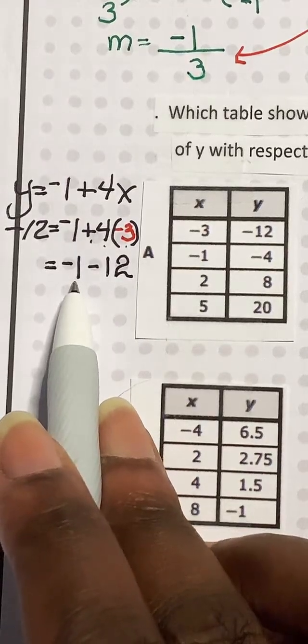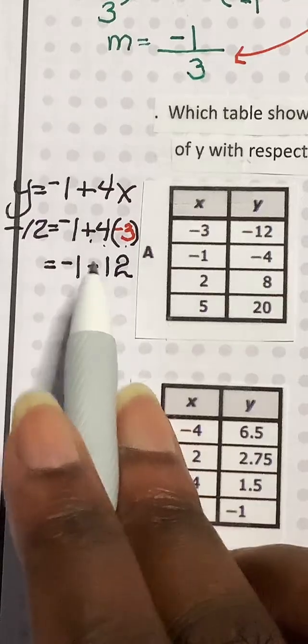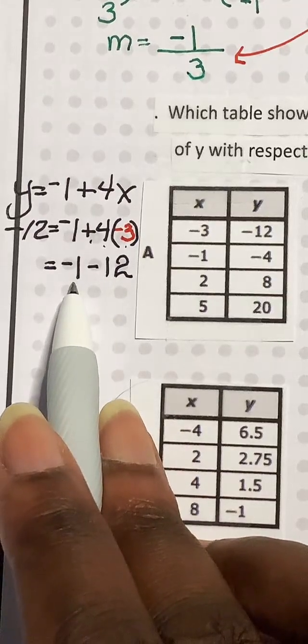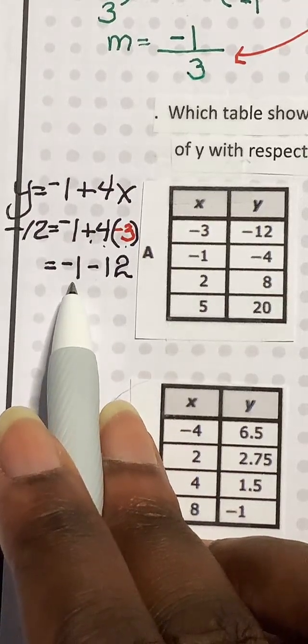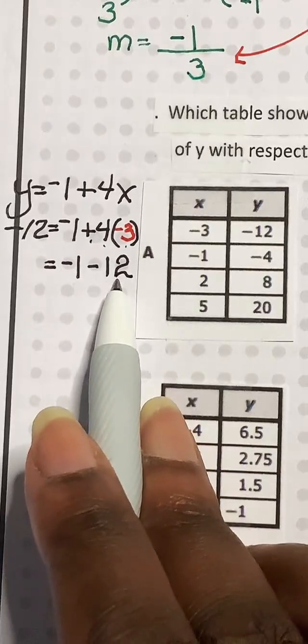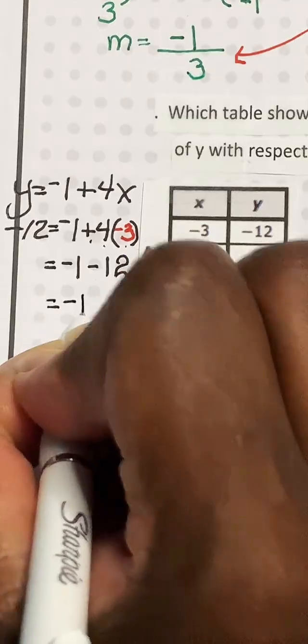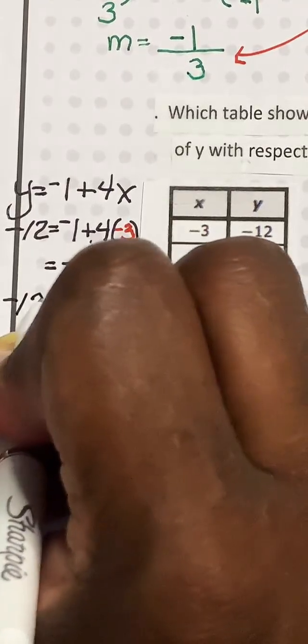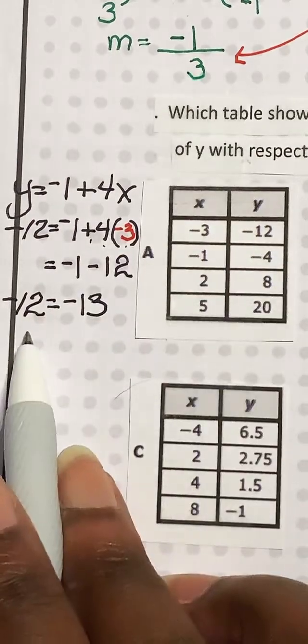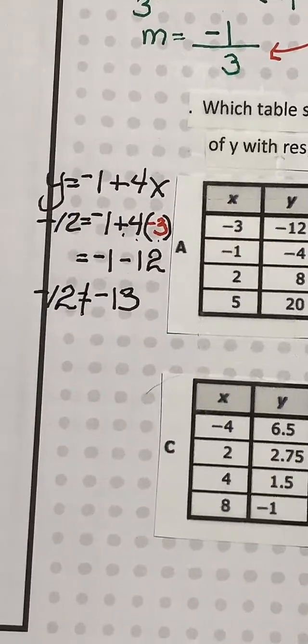Now I got -1 minus 12. So if you owe me $1, and for some sick and twisted reason, I loaned you another $12, that means you owe me $13. And last time that I checked, negative 12 does not equal negative 13.